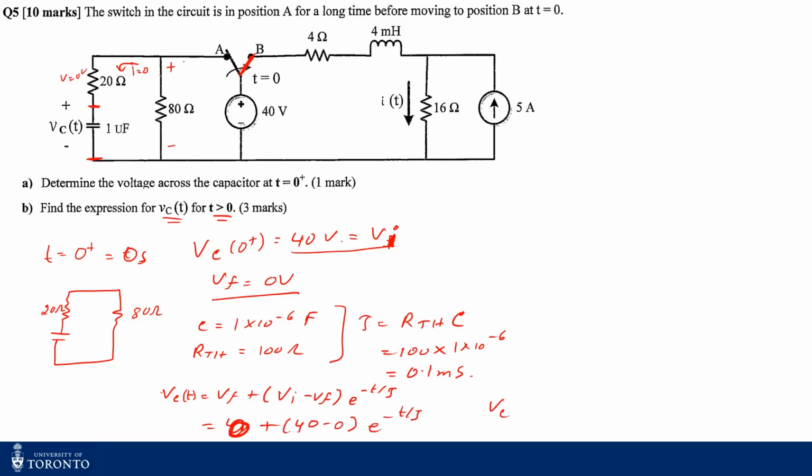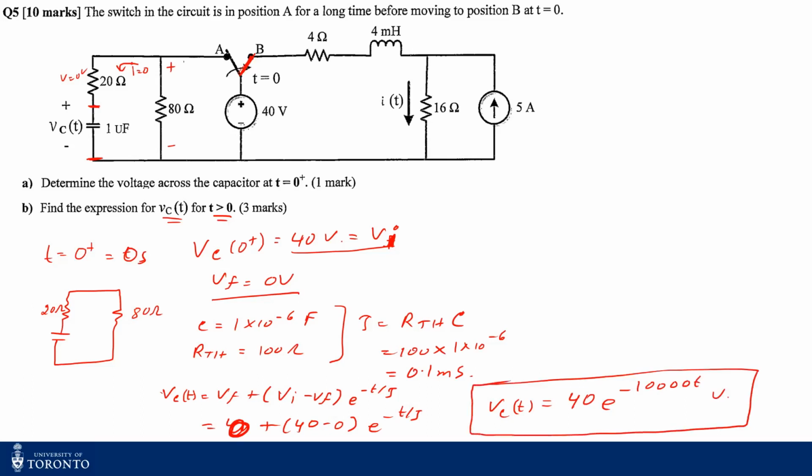So your VC(t) will be 40 e^(-10,000 t) volts. So that's your VC(t) for t greater than 0.